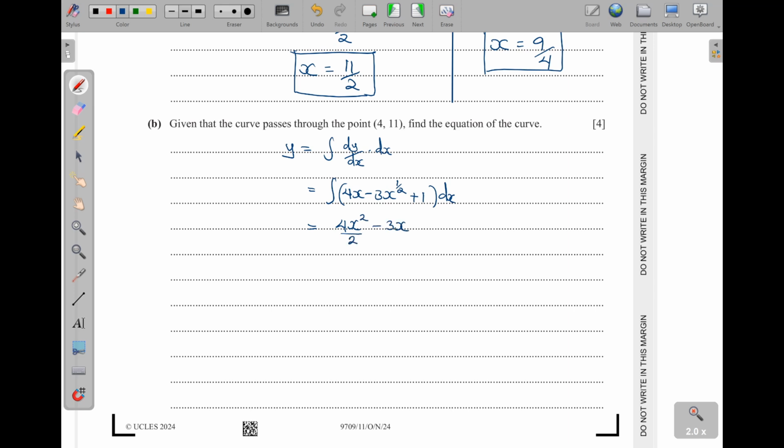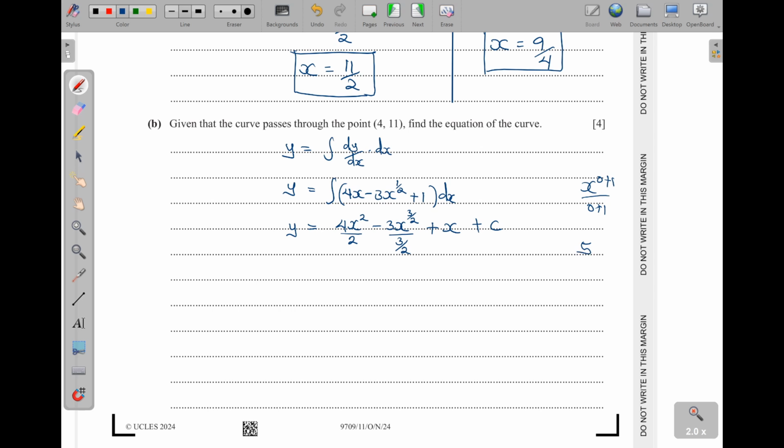And then a half plus 1, you'll get 3 over 2, and then you divide by that. Then plus, this one here is the same as x power 0, so increase it by 1 and divide by that new power. So you get x to the power of 1, and then you add a constant. We add an arbitrary constant because we don't know the constant which disappeared when they differentiated, because every time you differentiate a constant, you get a 0.